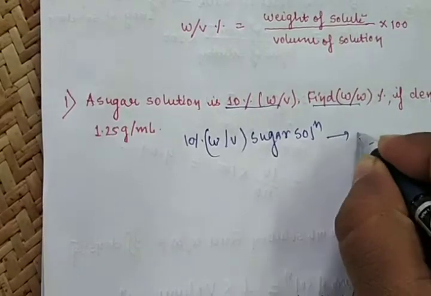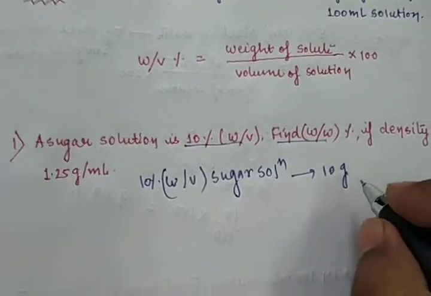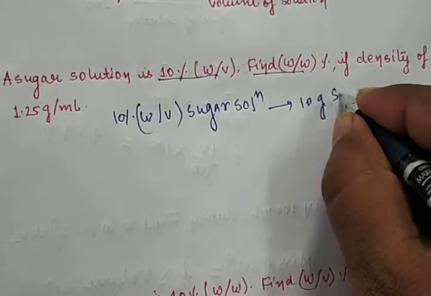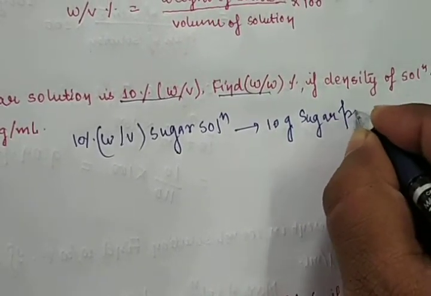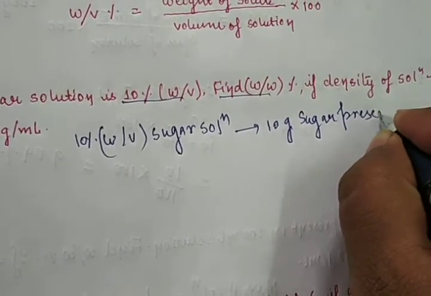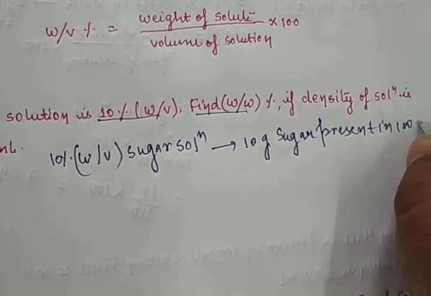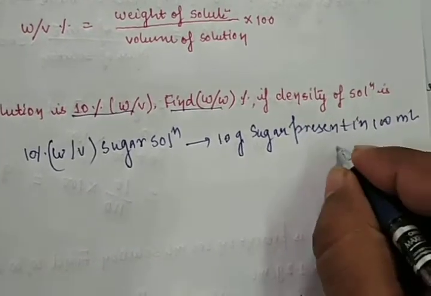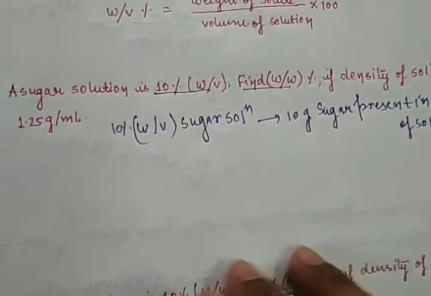It means 10 gram sugar present in 100 ml of solution. Okay, so volume is given, 100 ml.